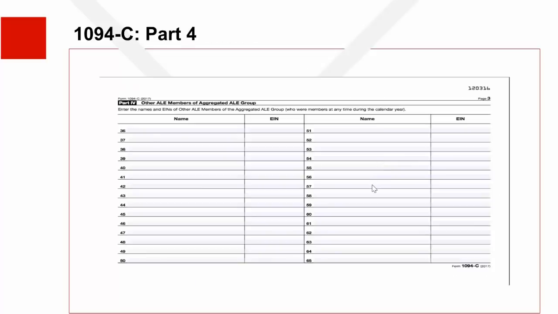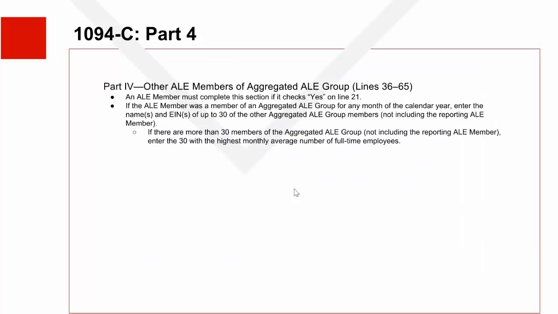So we're finally now on the fourth and final section of the 1094C, and this section only applies to, again, those who have selected yes on line 21. Therefore, if an ALE is part of a larger aggregate group, then they do need to provide the name and EIN of up to 30 of the other aggregate group members.